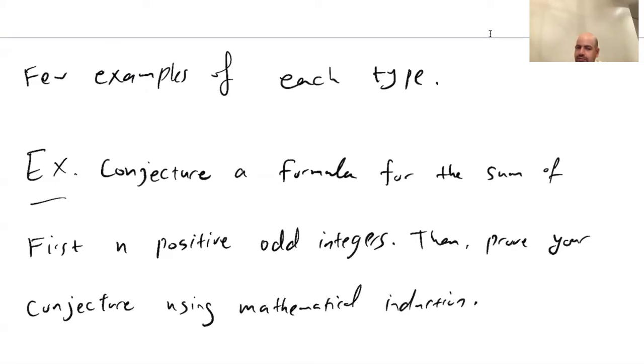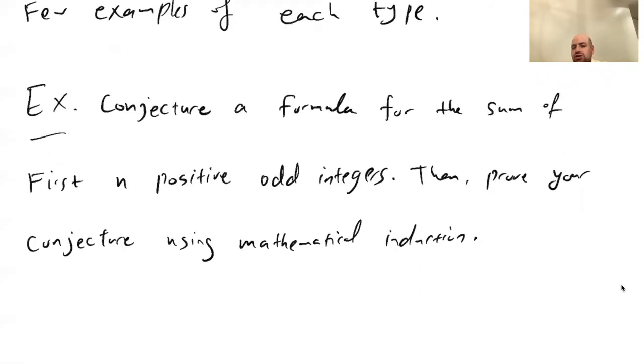In the previous example, we looked at the sum of the first n positive integers, 1 plus 2 plus 3 all the way to plus n, and we saw that the result is n times n plus 1 over 2. Now we want to look at the sum of the first n positive odd integers. So it says first make a conjecture. Conjecture means a guess, basically, in mathematics.